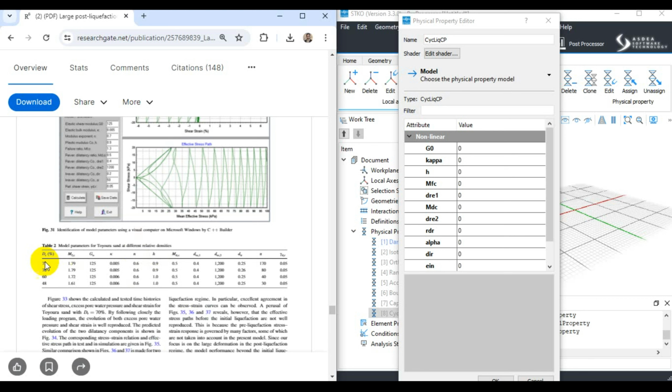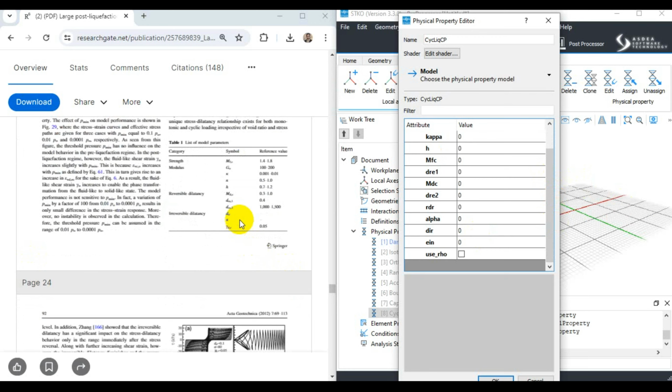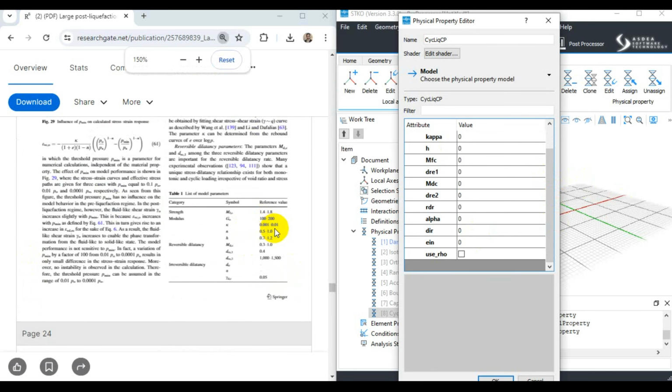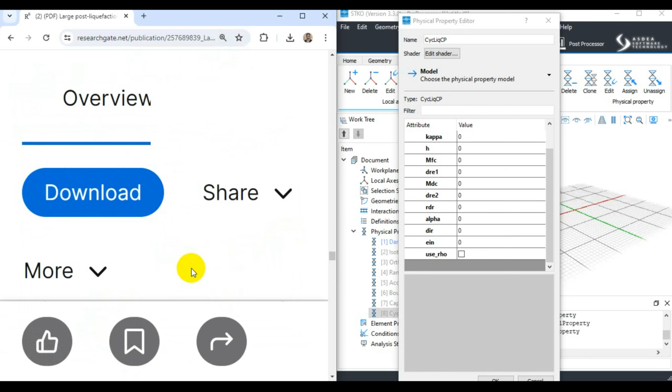For different relative densities, we have these parameters, and we can use these in our model for the specific case.